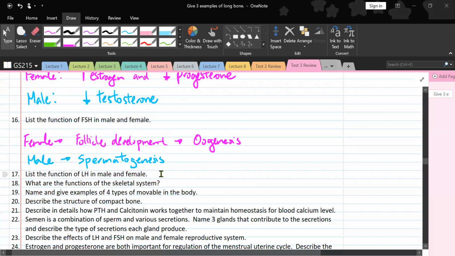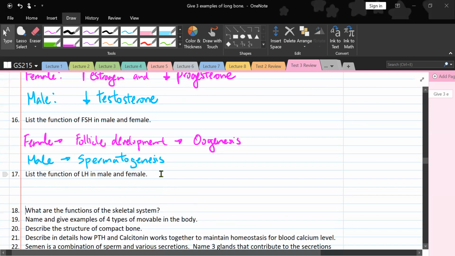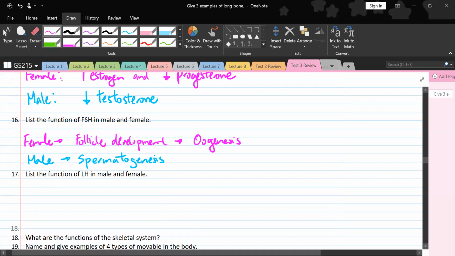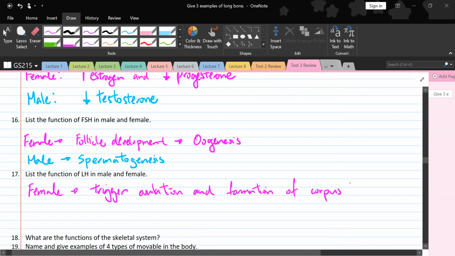List the function of LH in male and female. So for female, it will trigger ovulation, right? Ovulation. And following that would be the formation of corpus luteum.